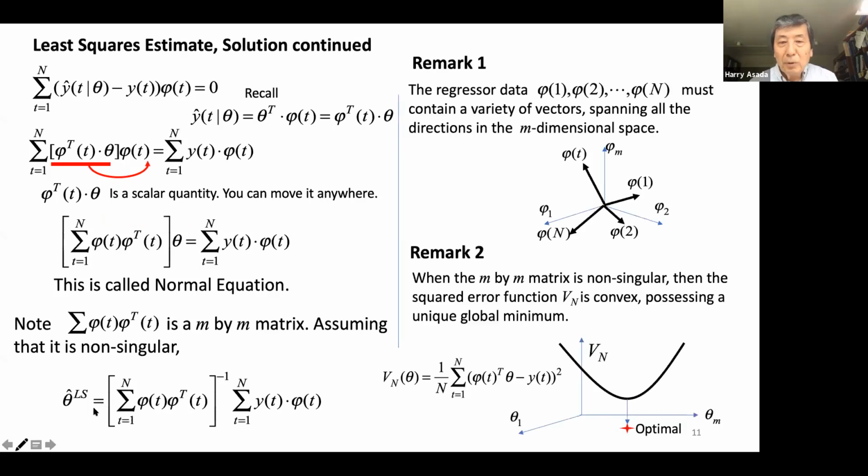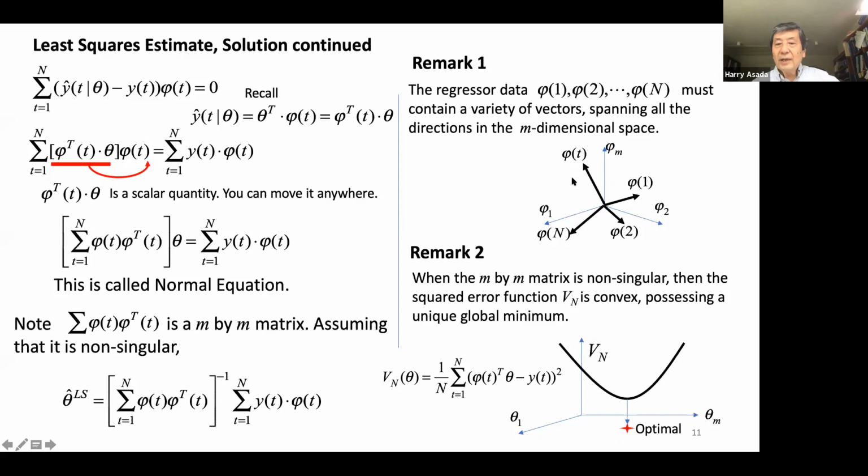Now, I have a couple of remarks on this. First of all, I just said that this one to be non-singular. But what does that mean? Well, each phi vector is m-dimensional vector. So if you plot this one in m-dimensional space, phi 1 is the first component, phi 2 is the second component, phi m is the final component. And each of these given vectors points in certain directions, right?